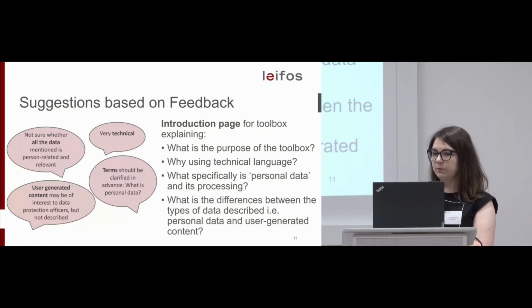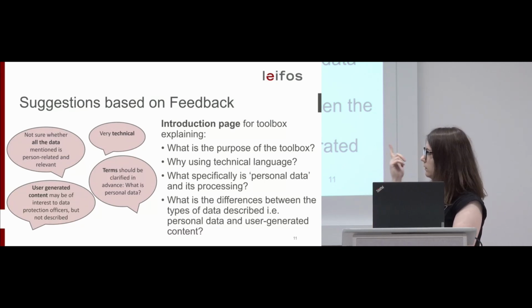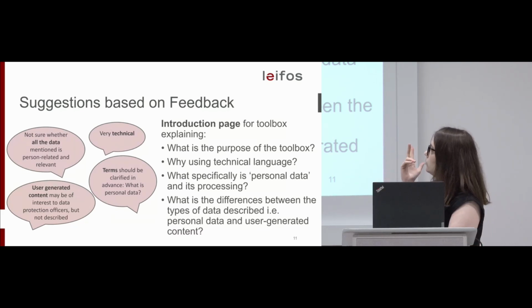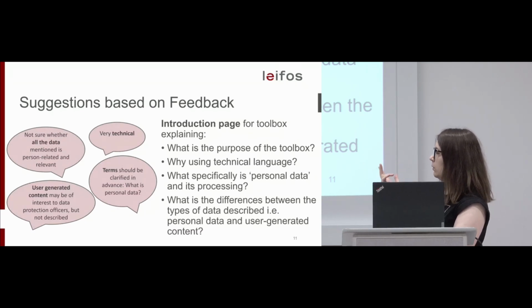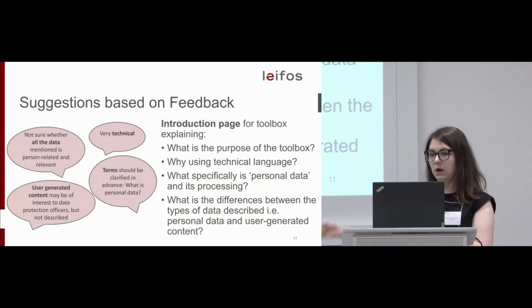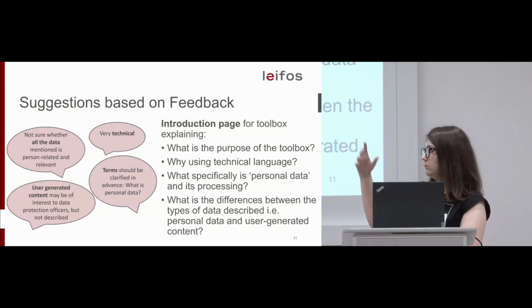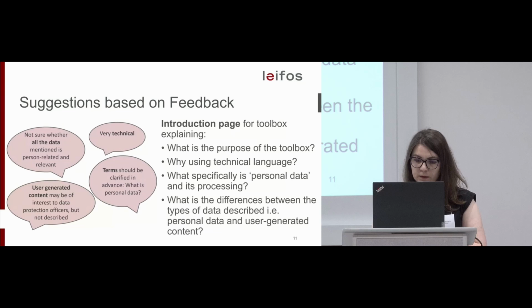This page would explain the purpose of this toolbox, also why we use this technical language, and it could also clarify the key terms, so the user will know what personal data is, what processing is in ILIAS, and so on, and also outline what kind of information is included in Privacy MD, like person-related information and user-generated content.